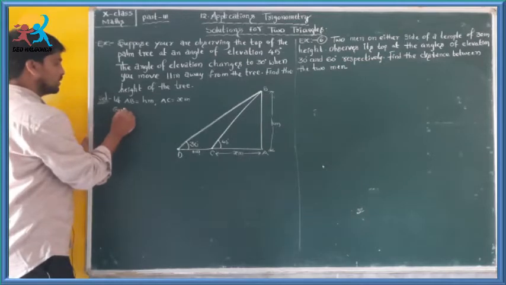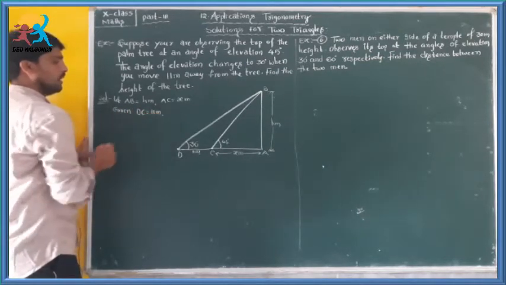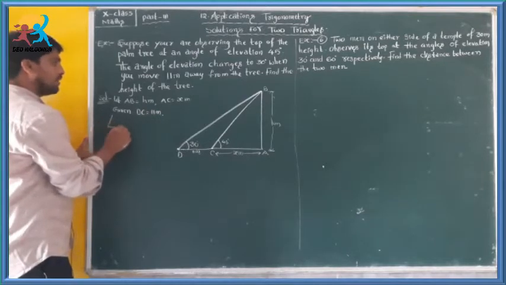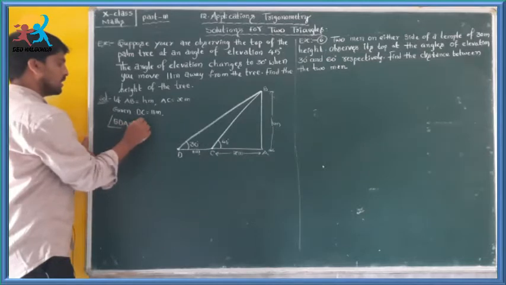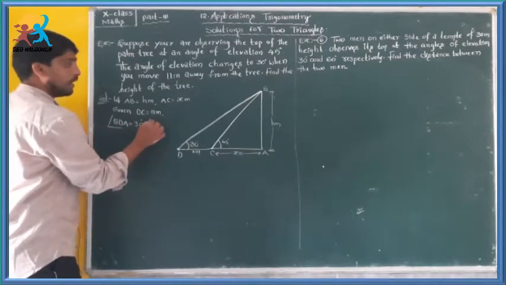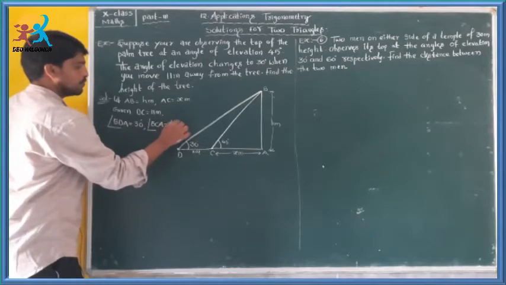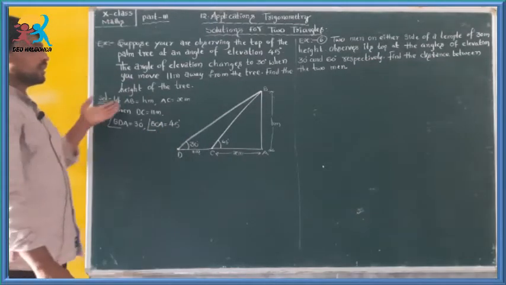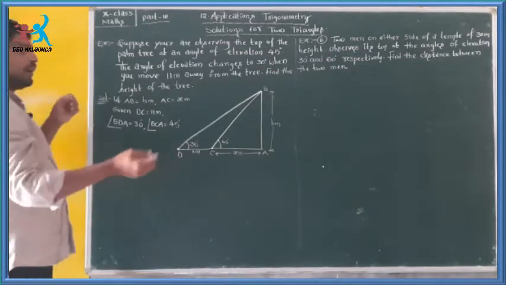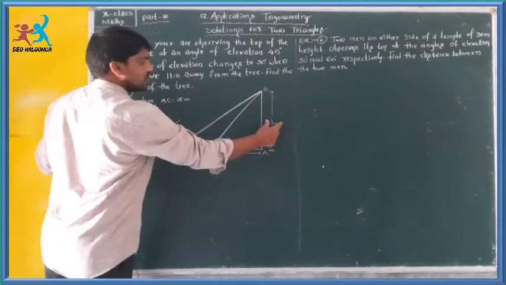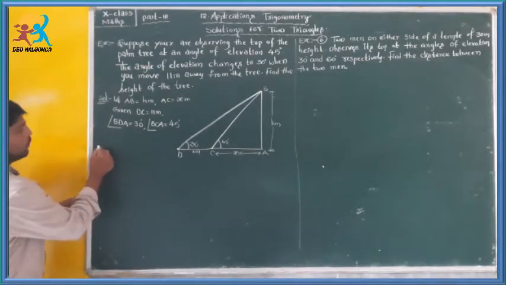Given DC equal to 11 meters and the angles of elevation BDA equal to 30 degrees, another angle of elevation BCA equal to 45 degrees. These are the given values. Now we have to find the height of the palm tree.